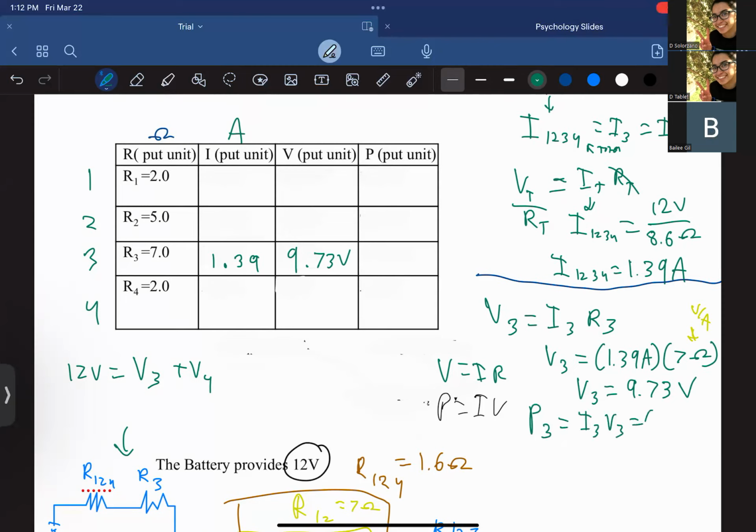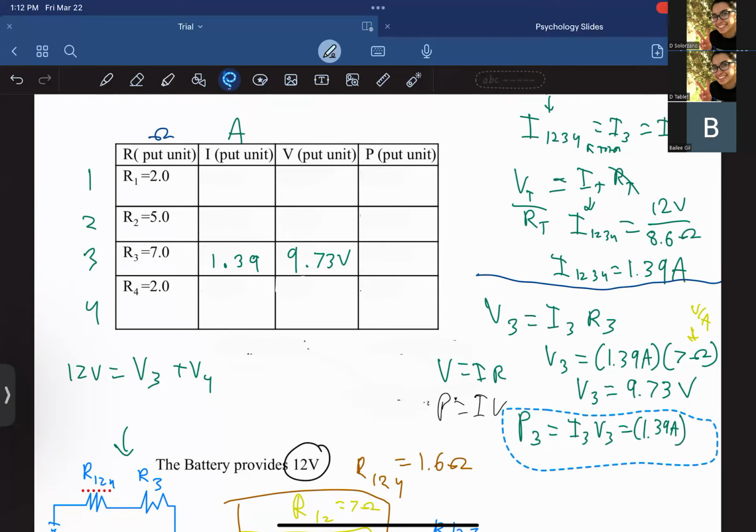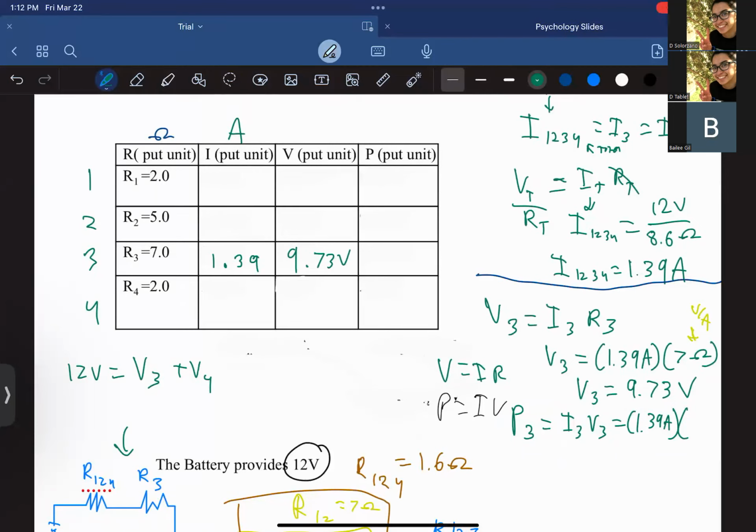We can plug in 9.73 volts. It's just P3 is equal to 13.5. It's ampere times voltage.